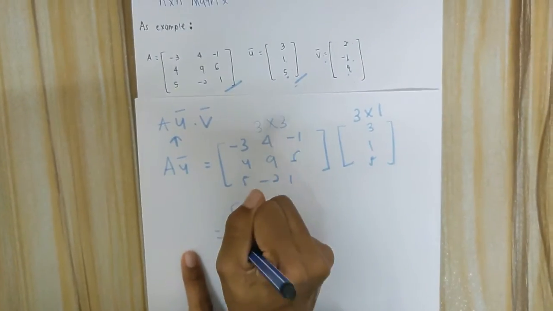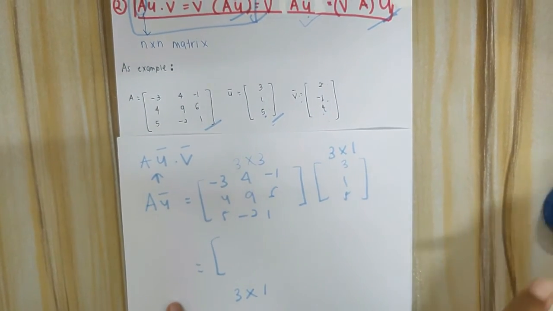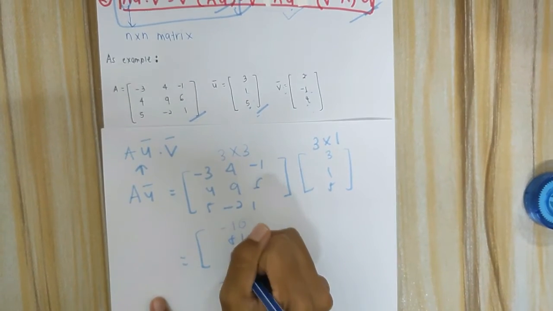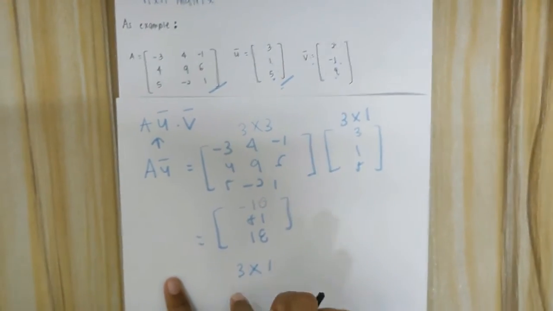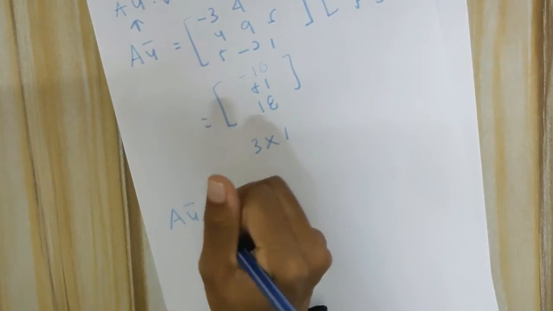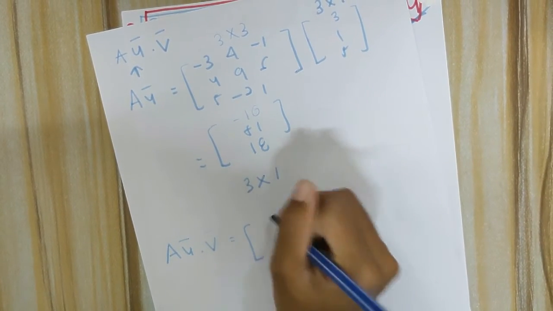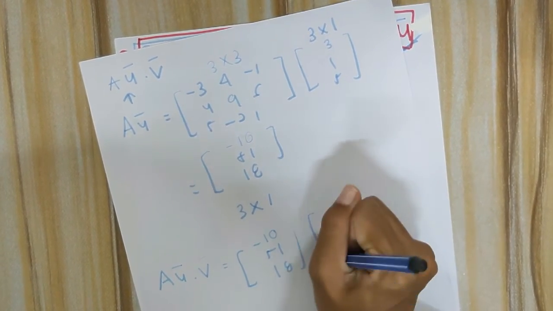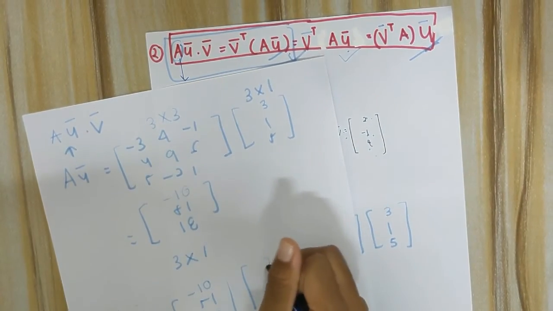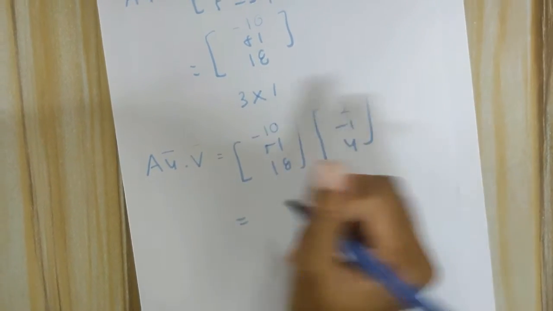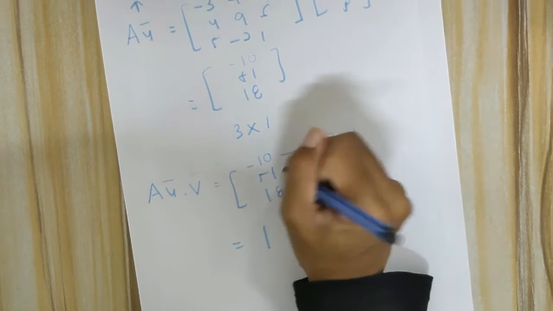The answer that I got after doing the multiplication product is negative 10, 51 and 18. So it proved that it has 3 rows and 1 column. After that, we do the A U bar dot V bar. So we copy the A U bar that we got, and our V bar is 2, negative 1, 4. So the final answer is 1. As you know, for the dot product we need to multiply itself.